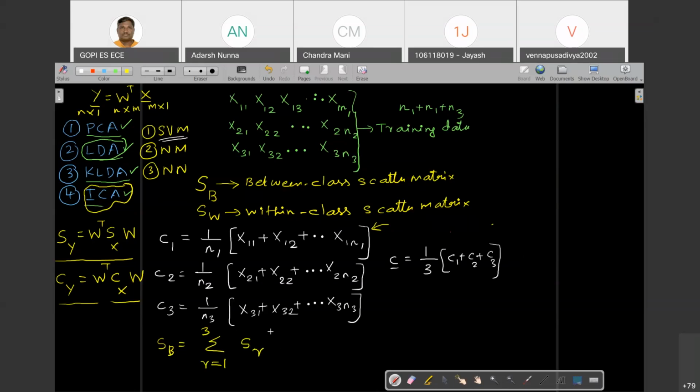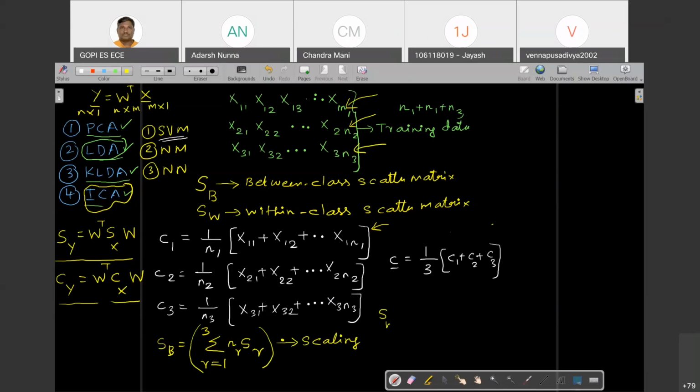But if we have a different number of elements in each class, then we will make use of that also, so it is like N_i, and we do a proper scaling, and finally end up with what is called the between class scatter matrix.